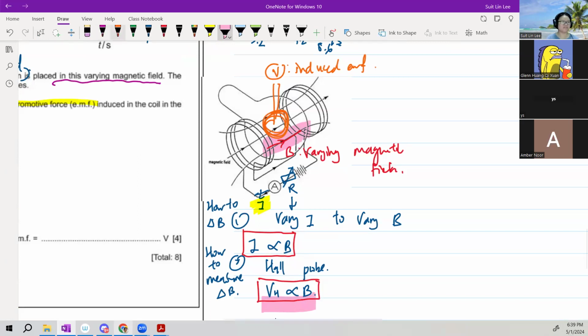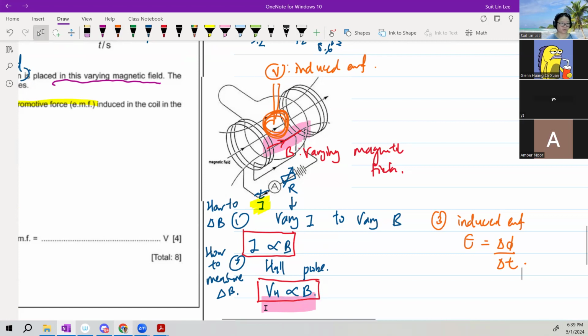Okay. Then finally, number 3, you want to calculate the induced EMF. Induced EMF is not just the change in B. It's the change in flux over the change in time.